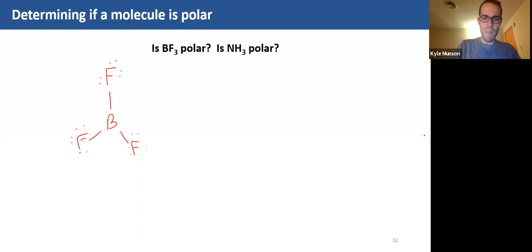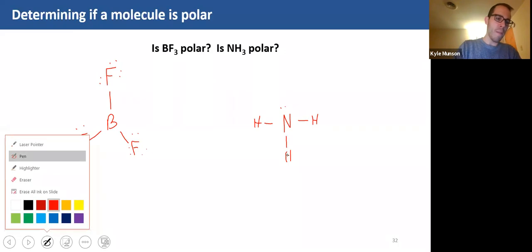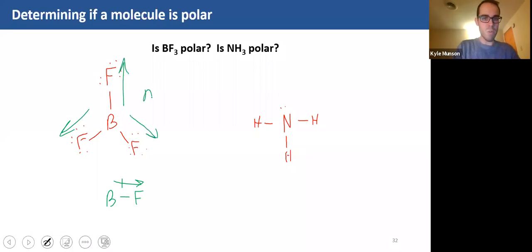Okay, so it's happy that way. And that's that molecule. So this bond is polar, right? It's going towards the fluorine, but it is pulling the same in all directions here, right? So this molecule is going to be nonpolar.